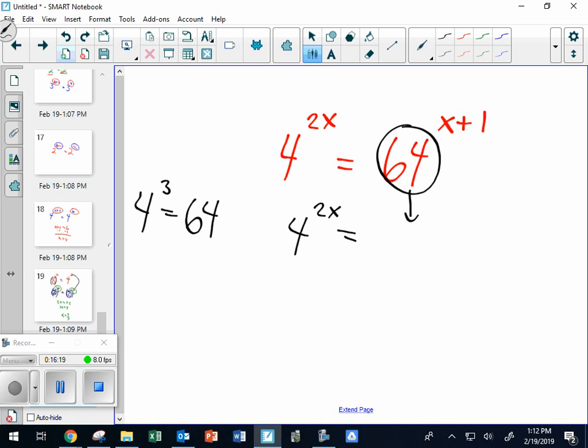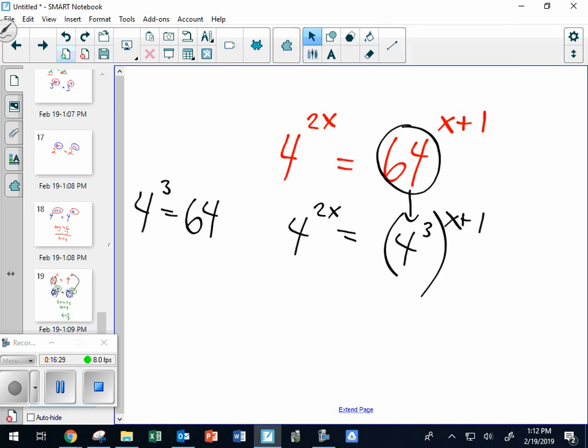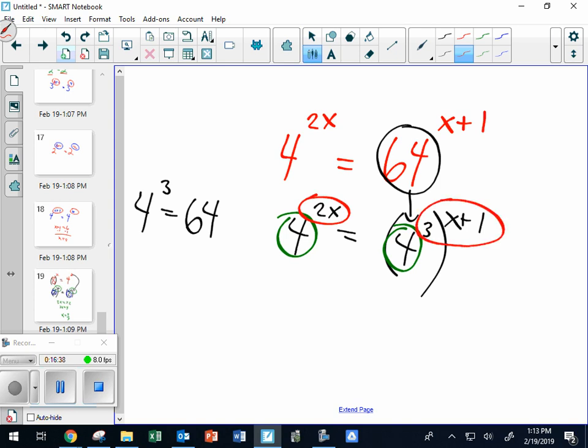I'm replacing a 64 with what? 4 to the third. And then I still got to have that x plus 1 up there. I'm using parentheses a lot more than normal, so you should too. Now that these are the same, then this must equal all that. And I bet you a lot of you would have written 3x plus 1. Hopefully you won't make that mistake now that I've called it out. You won't say 3x plus 1, you'll say 3x plus 3.